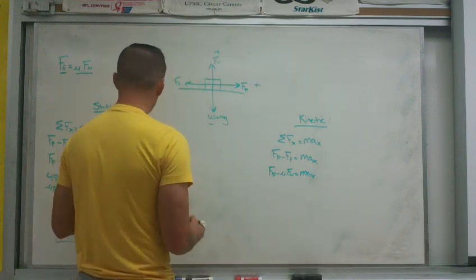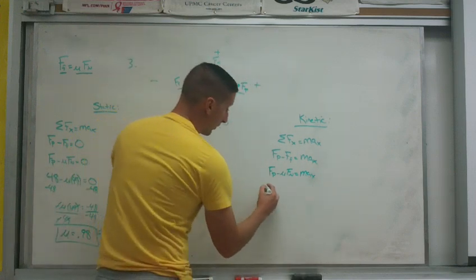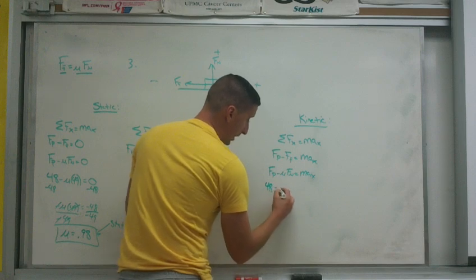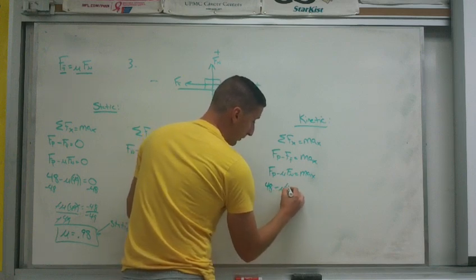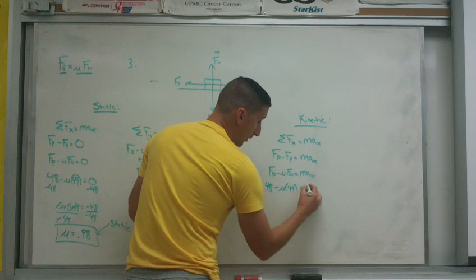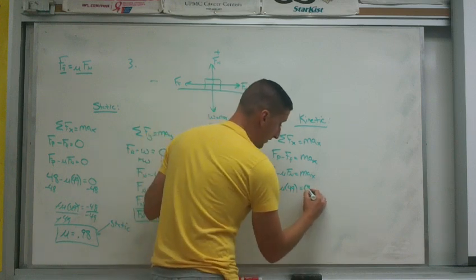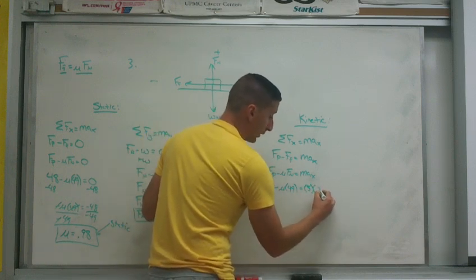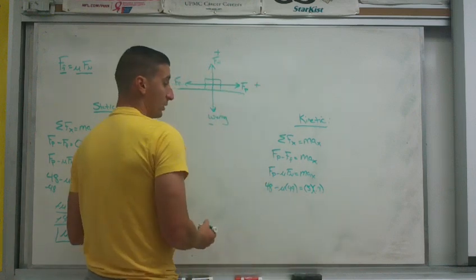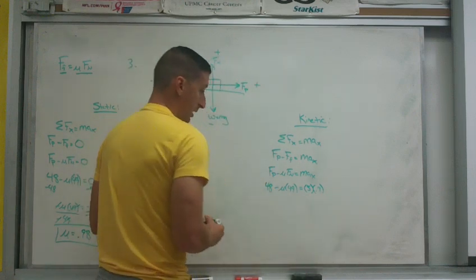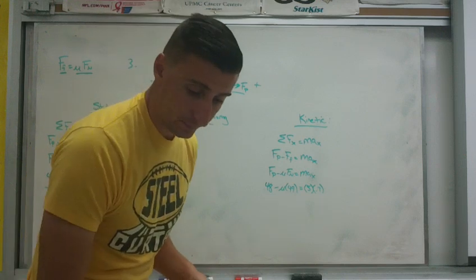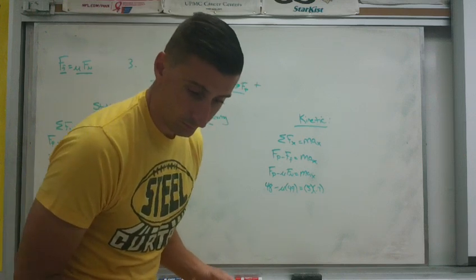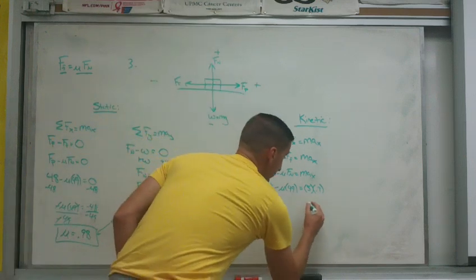I know Fp is still 48. It says it still pushes at a 48 Newton force. Mu is what I'm looking for. The normal force is 49. The mass of the box is 5, and the acceleration is 0.7. So let's go ahead and simplify that. I do 5 times 0.7, 3.5.